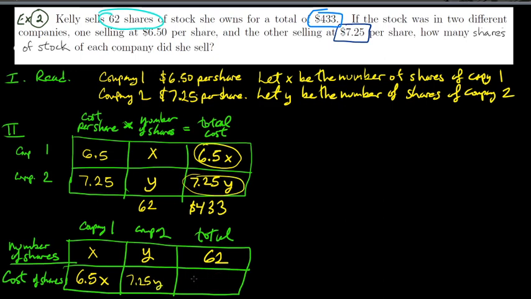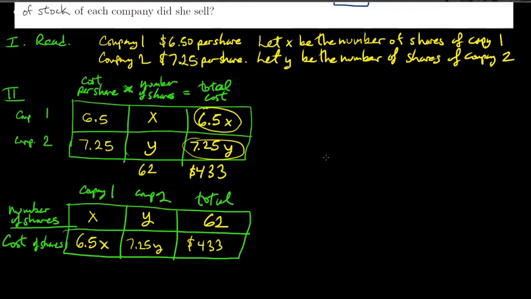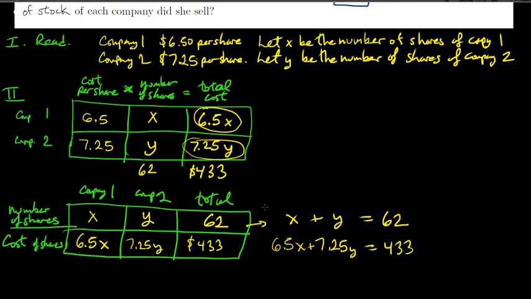And then the total cost, $433. Okay, so this will give us our equations, right? X plus Y is 62. 6.5 times X plus 7.25 times Y is 433.